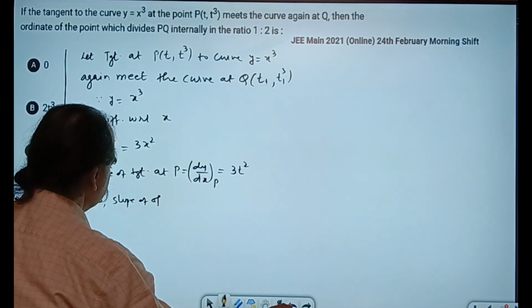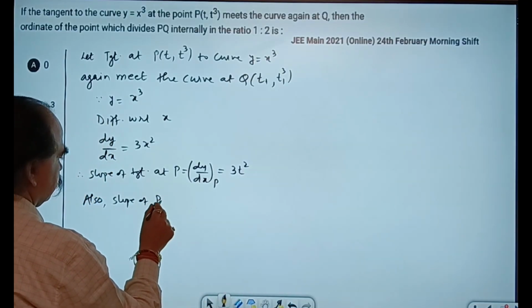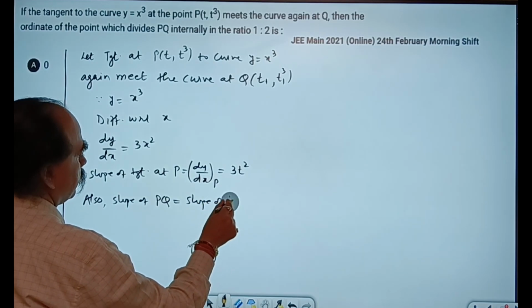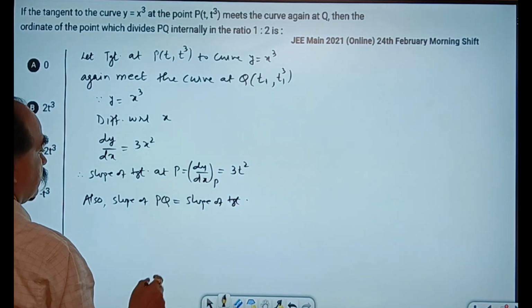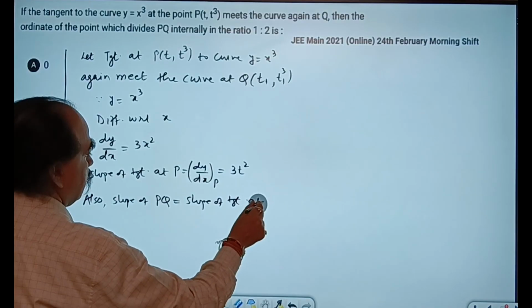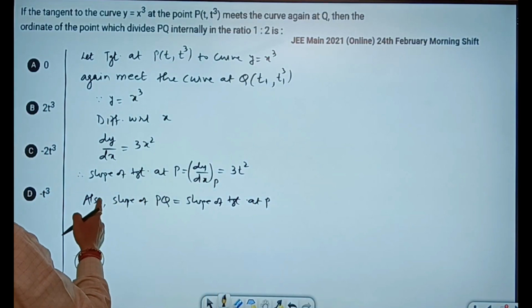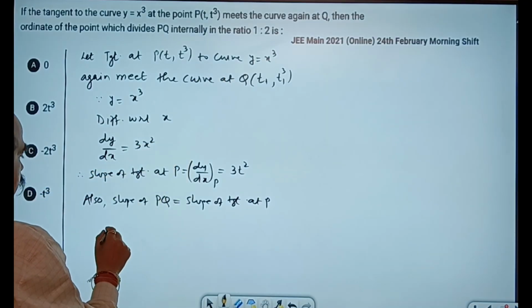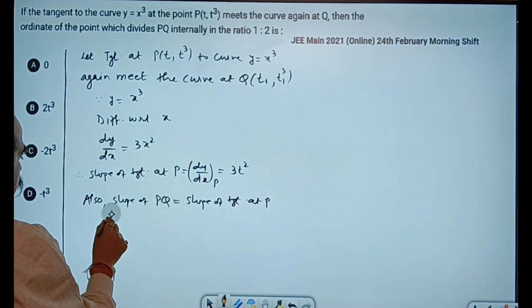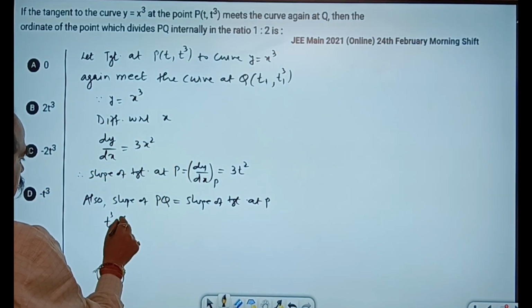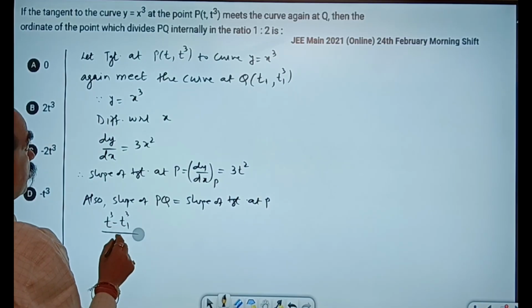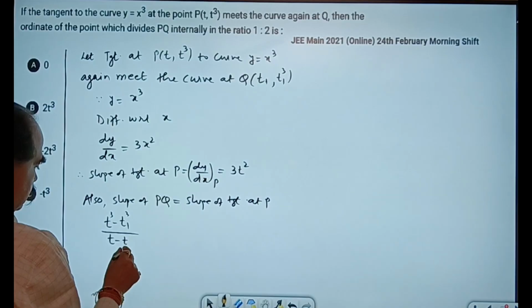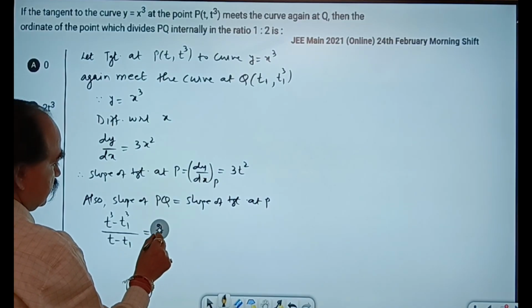Slope of PQ is the same as slope of tangent at P. But slope of PQ is (t cube minus t1 cube) upon (t minus t1), which is equal to 3t square.